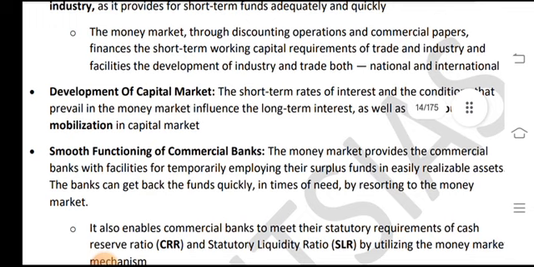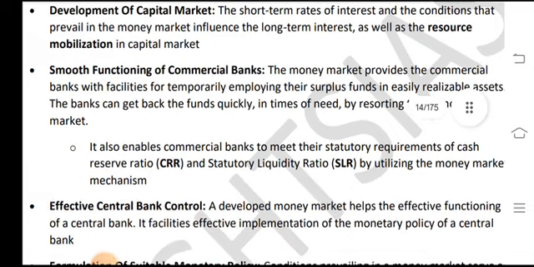The short-term rates of interest and the conditions prevailing in the money market influence the long-term interest rates as well as the resource mobilization in the capital market.